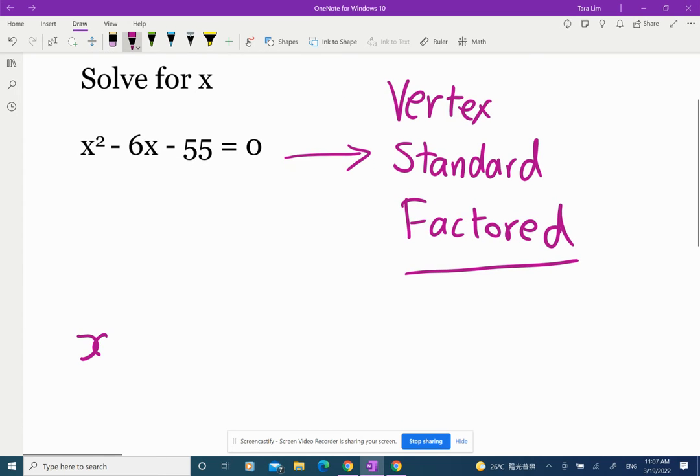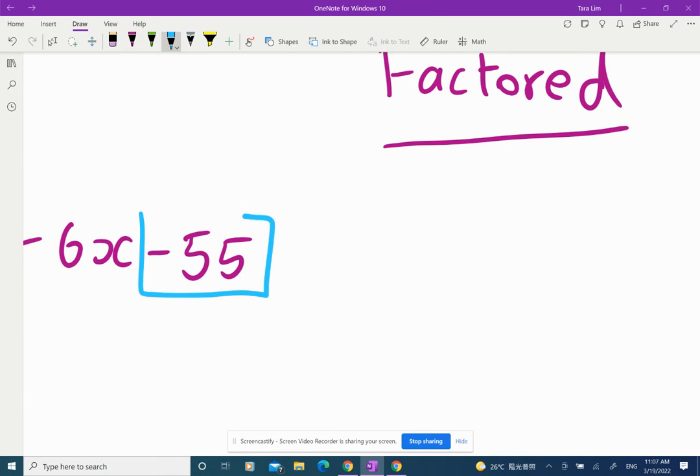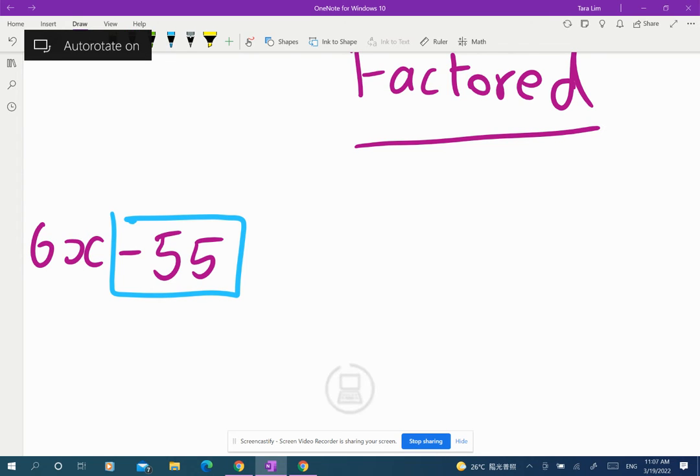Now I'm going to rewrite this equation and I'm going to ignore the 0 for now. So now I want to only focus on negative 55. I want to make a list of all the possibilities of the products of negative 55. Products are a number multiplied by another number equals negative 55.